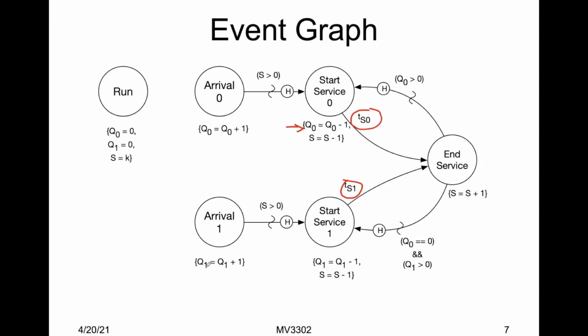The only difference is this is named 0 and this is named 1. And what's the only difference between start service 1 and start service 0? The only difference is our state transition and our scheduling.